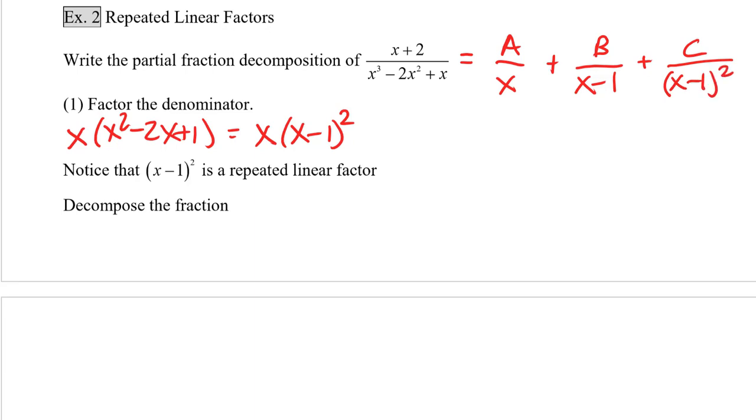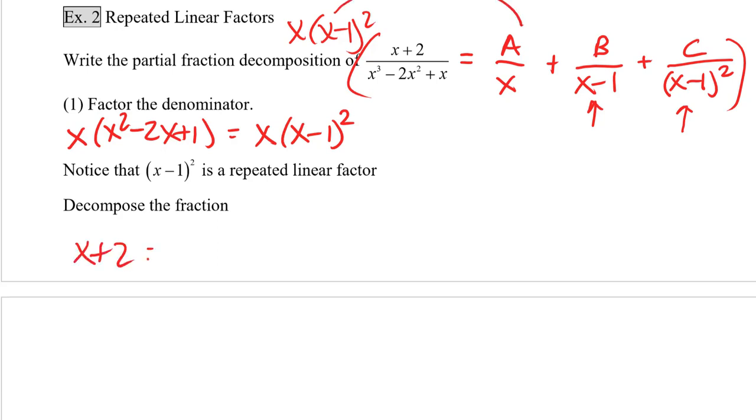So keep in mind, when you have a repeated factor, you write it once to the first degree, and then you write it a second time to the second degree. The next step would be to multiply both sides by the LCD, which we know is x times x minus 1 squared. So this makes the left side of the equation turn into x plus 2.